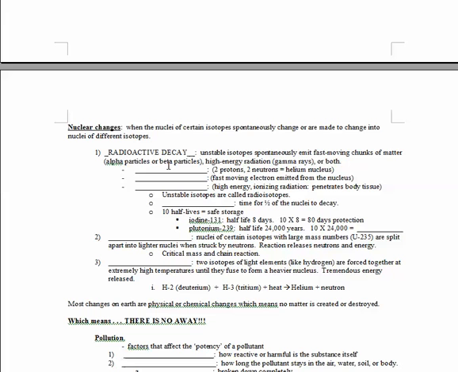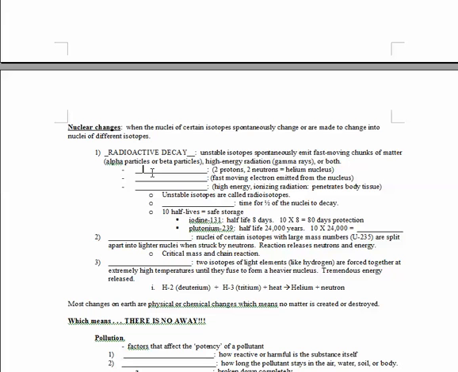Radiation can come in basically three different forms. Two of those forms are particles. One of those forms is essentially pure energy. In certain nuclei of certain atoms, there are too many neutrons, or an imbalance of the protons and neutrons in there, and the nucleus is unstable. It wants to become stable, and the only way of doing that is to give off something from inside of the nucleus.